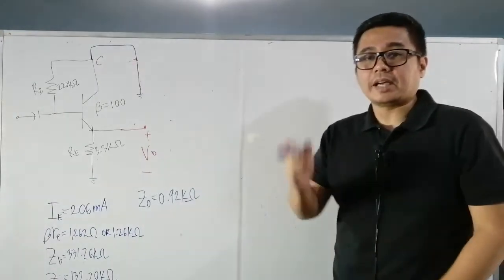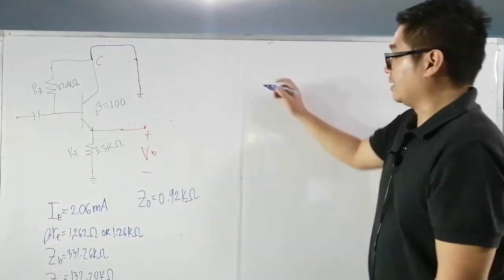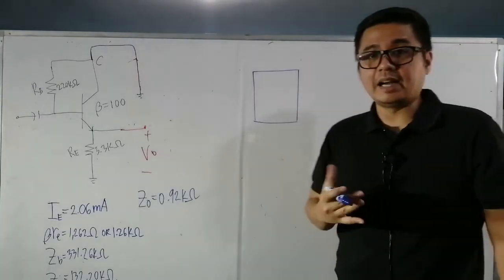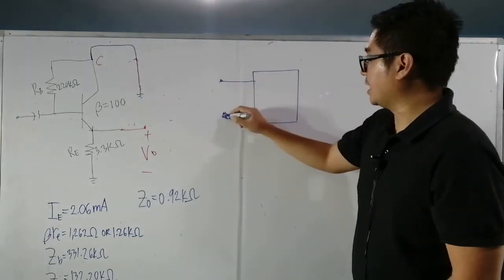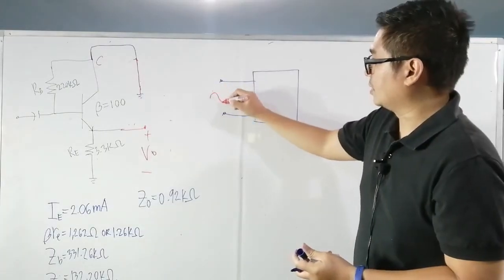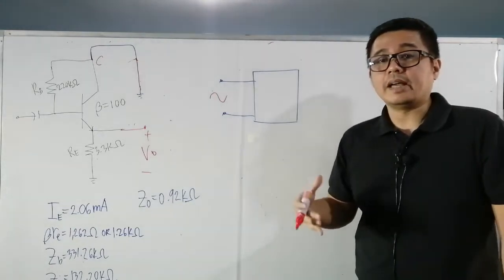For example, meron tayong isang amplifier circuit, no? Let's say common emitter or common base. Let's represent that as a block na lang para mas madali. Meron tayong input signal here. Let's say a small AC signal. Anong expected output natin? Siyempre, yung output niya is amplified.